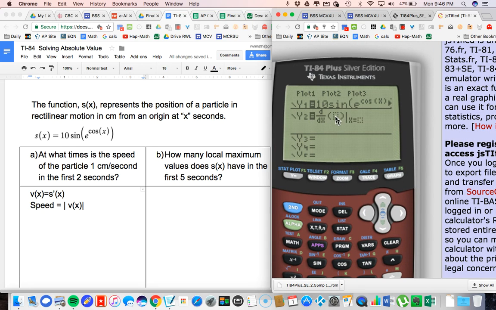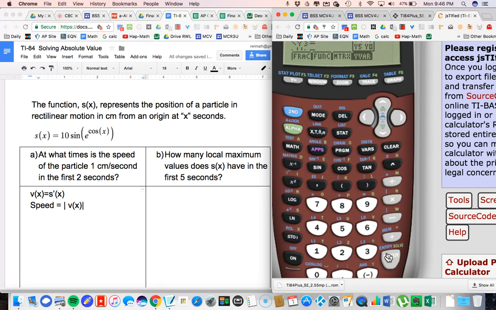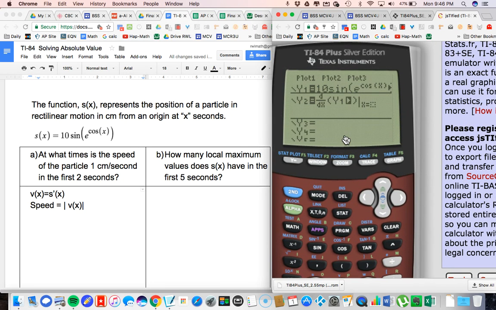And then what I'm going to put in here is, instead of retyping this 10 sine thing, I can actually just put it and say, take the derivative of the first equation I've put in, y1. So the way I do that is, again, I use my shortcut menus. And when I press my shortcut menus, you'll notice I have fraction, function, matrix, and y variables. So I go over here to y variables, and I type in y1. That's like typing in f of x. So now what it's going to do is get the derivative of the equation that's stored in y1 right there.